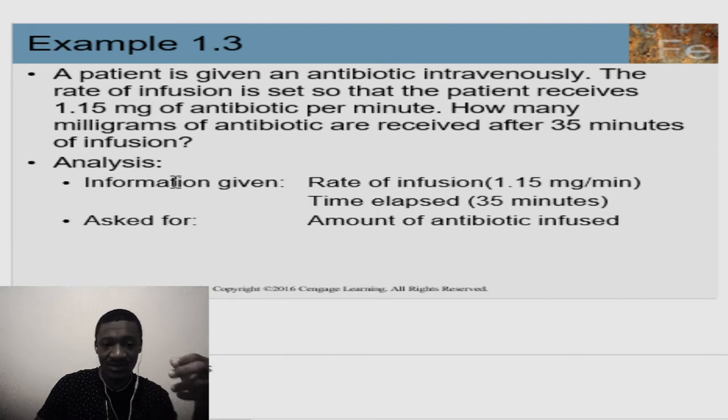How many milligrams of antibiotic are received after 35 minutes of infusion? The value that was given is the rate, and the rate is in amount per minute. The word per, I think I said previously, in percentage, per means over, and centage relates to 100.